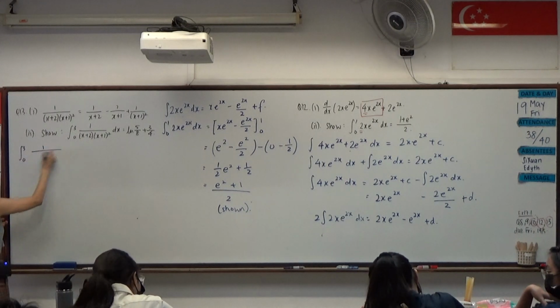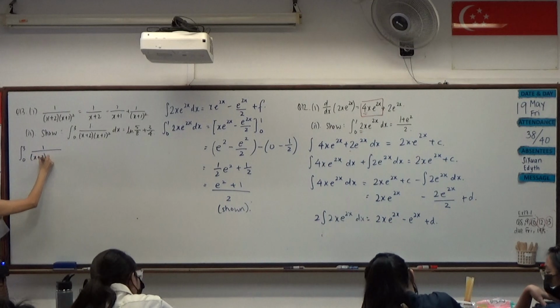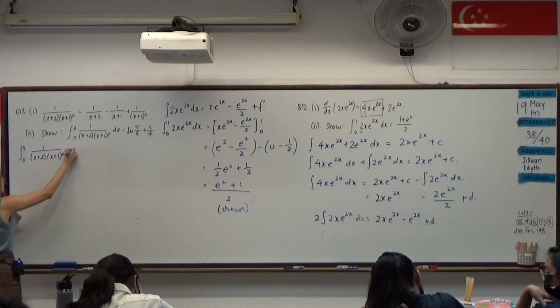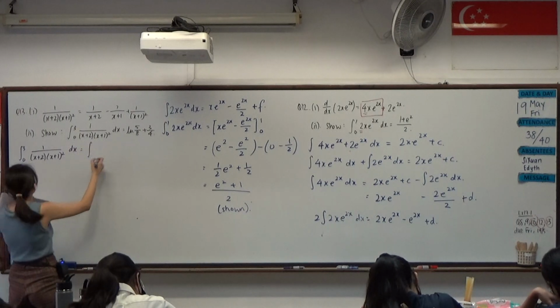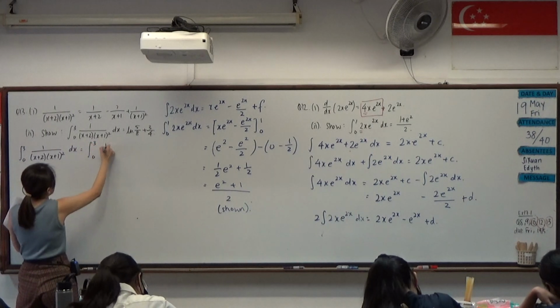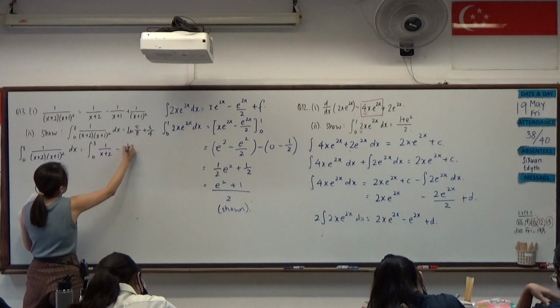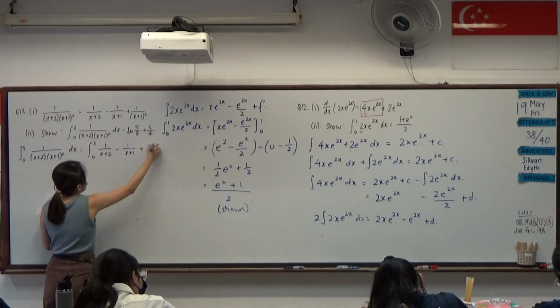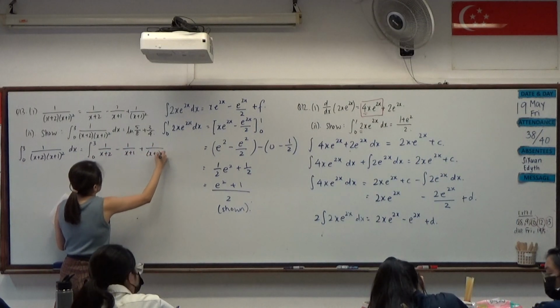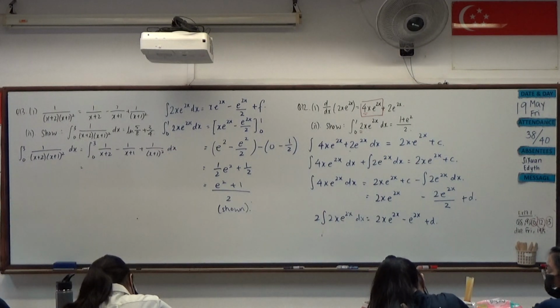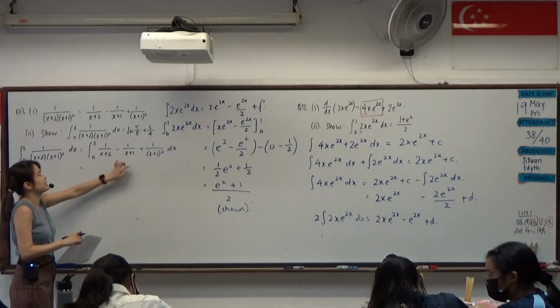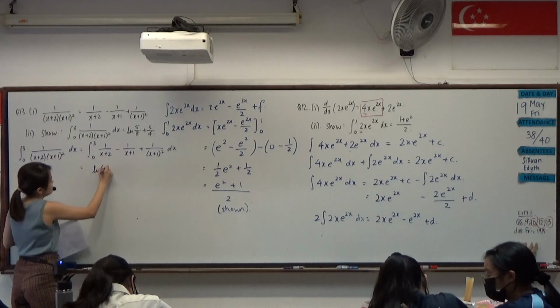the integral, or rather the expression that we want to integrate. Okay? So integrating your 1 over x plus 2 and your 1 over x plus 1, that will give us ln.